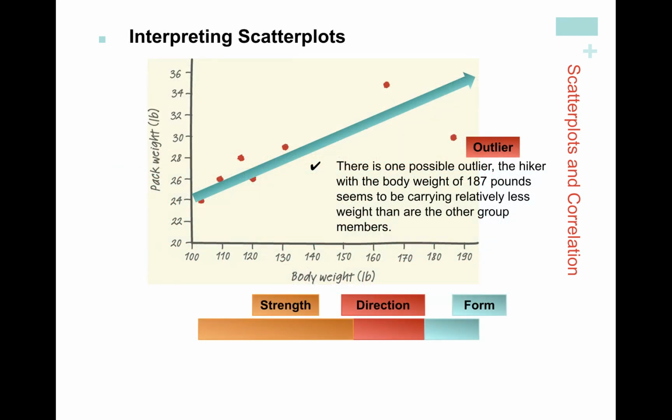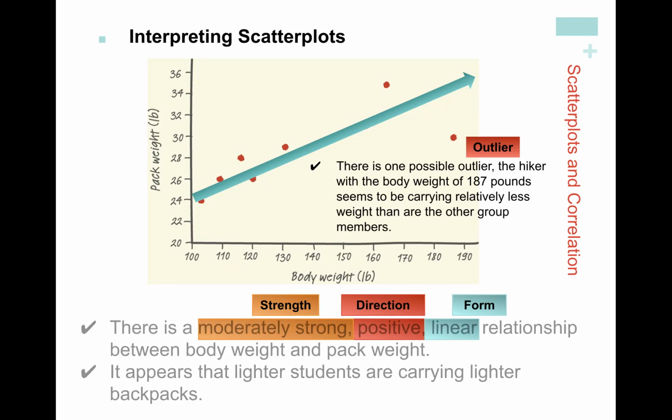Here we have that scatter plot again. And where is the direction, form, strength, and outliers? A summary sentence for direction, form, and strength is that there is a moderately strong, positive, linear relationship between body weight and pack weight.